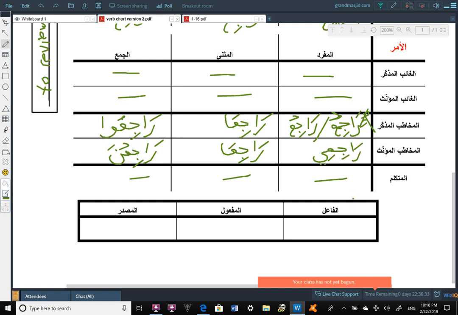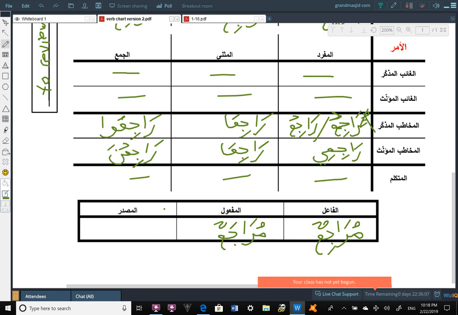For our fa'il, we have muraji', muraji'un. Our maf'ul, muraja'un. And our masdar, muraja'a, the act of reviewing.